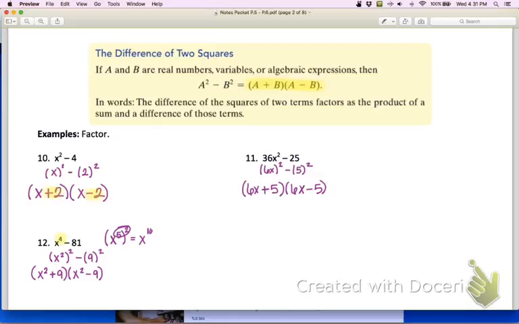If we look at this again, you might notice that we end up with a second difference of two squares. x squared is a perfect square, and 9 is a perfect square. So that means that we can factor this even further to x squared plus 9 times x plus 3, x minus 3.